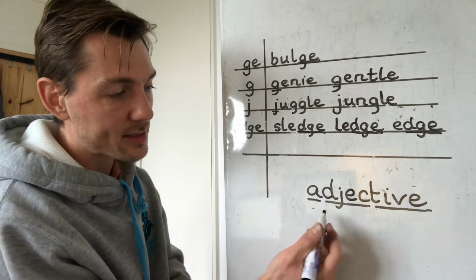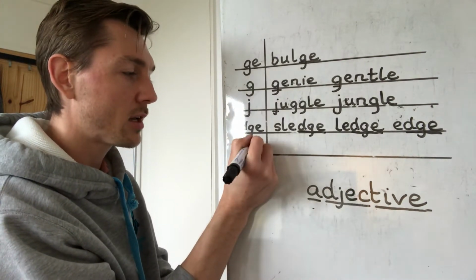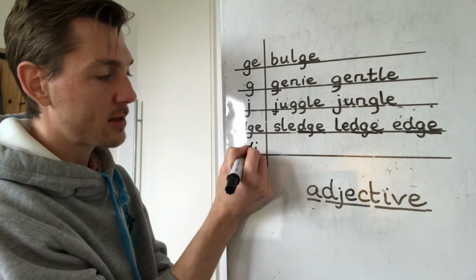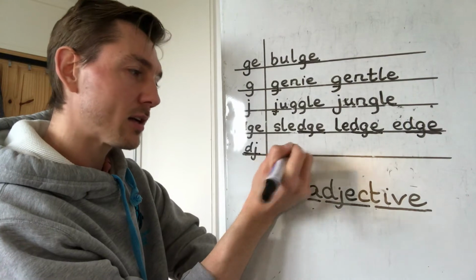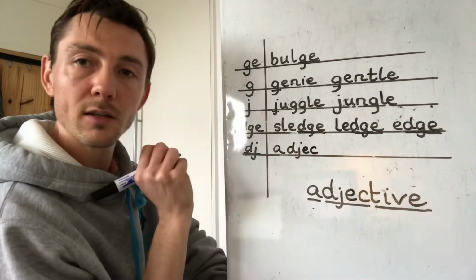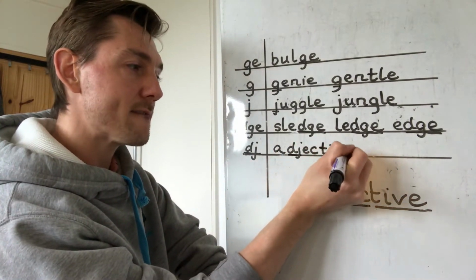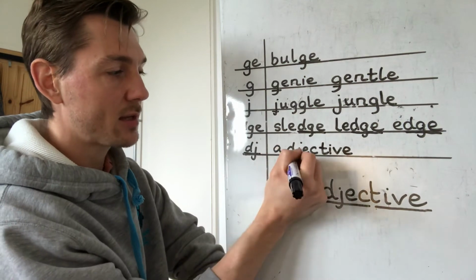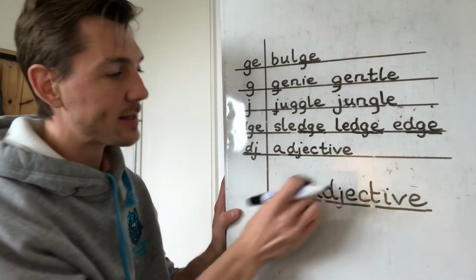And we can see that it's the DJ spelling of j, and we can write it. We can say a, j, e, jack, t, i, v, tiv, adjective, adjective. And that's our 5th section.